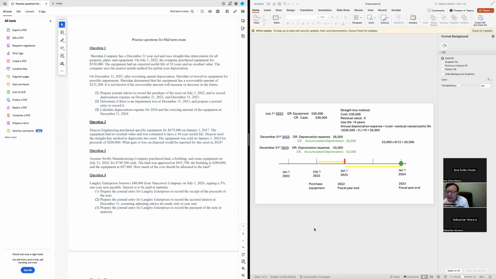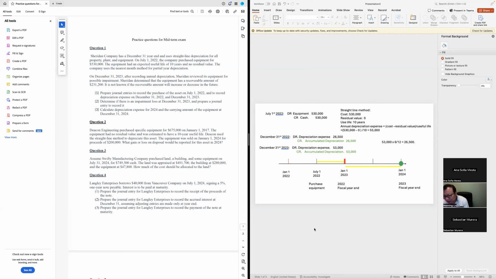We calculated the annual depreciation to be 53,000. Now question 3 is asking me to calculate the depreciation expenses for 2024. We did it for 2022 and 2023, using straight line depreciation. Why should they ask me to do that for 2024? This is the straight line method. Should that annual depreciation be the same?